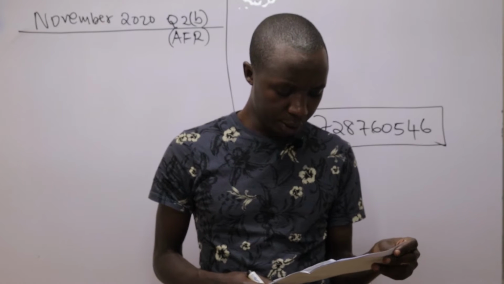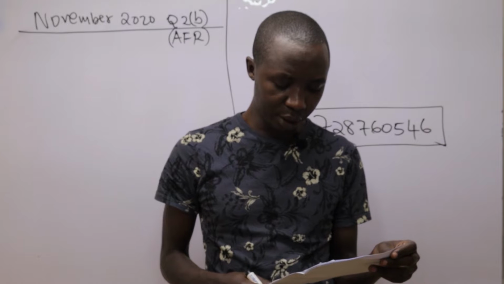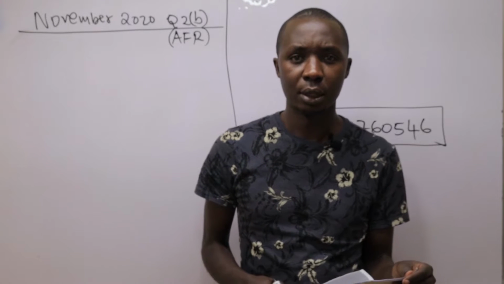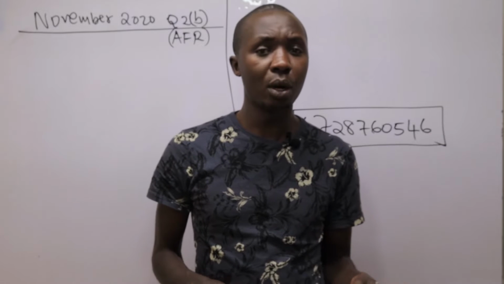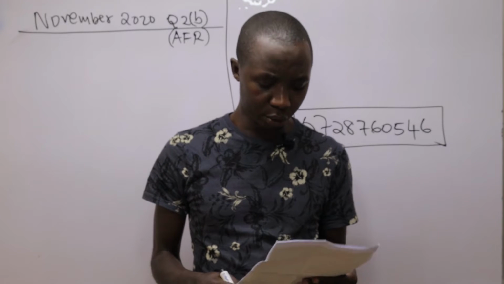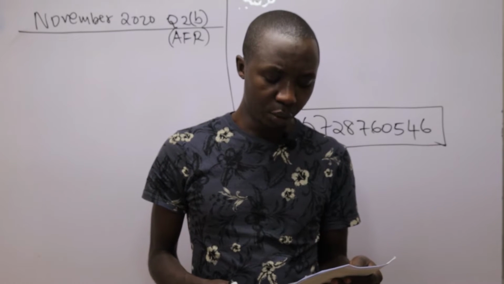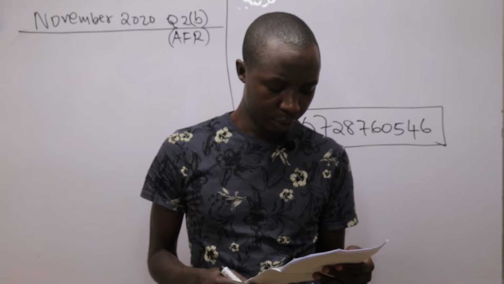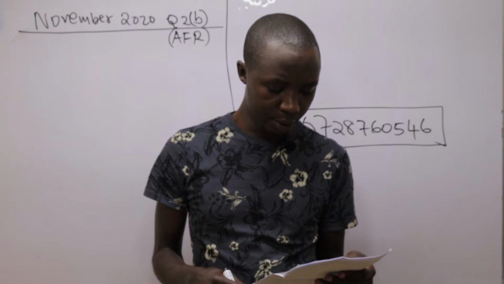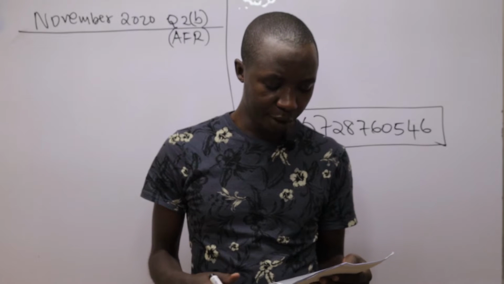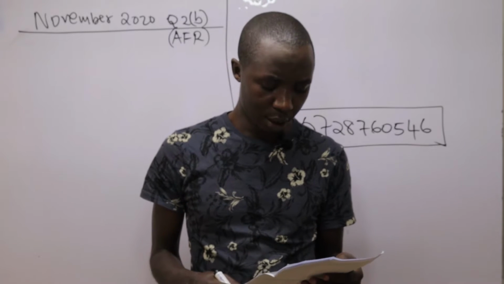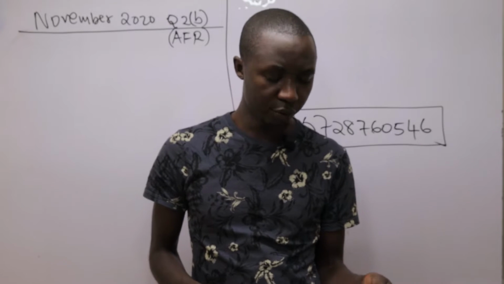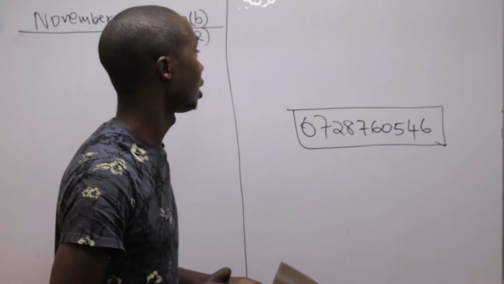Then they continued saying that the fair value of the non-controlling interest in S as at the date of acquisition was 240, meaning that when you will be doing your goodwill, you have to use the full method. H Limited wishes to use the full goodwill method for all acquisitions. So meaning that even for R, you will be given the fair value of the non-controlling interest, or you will be given information which can aid in the computation of the fair value of the non-controlling interest.